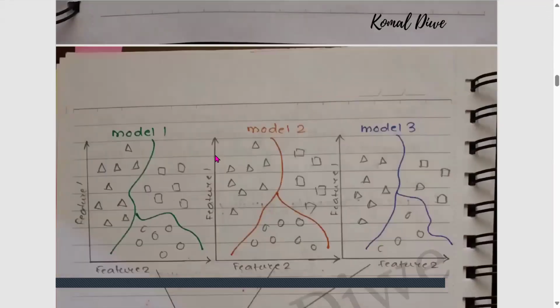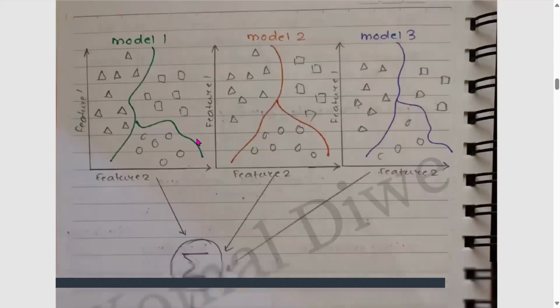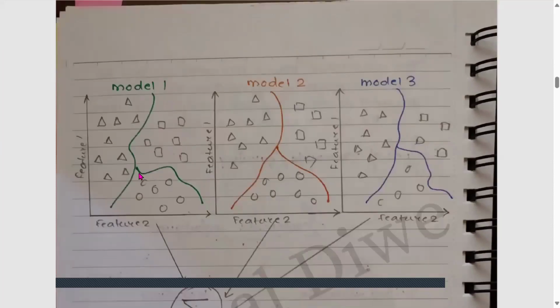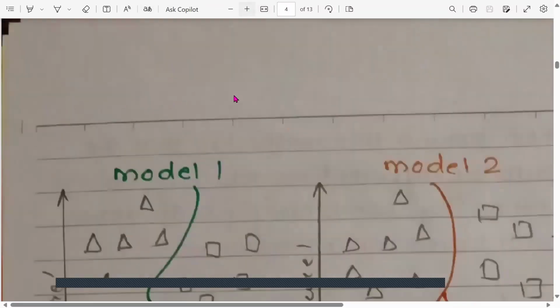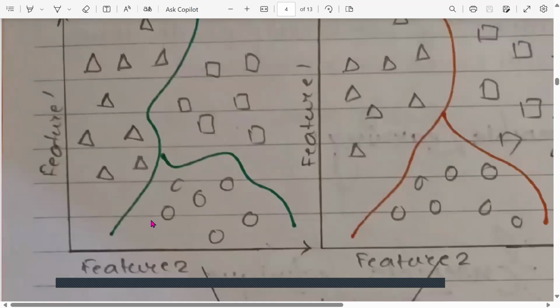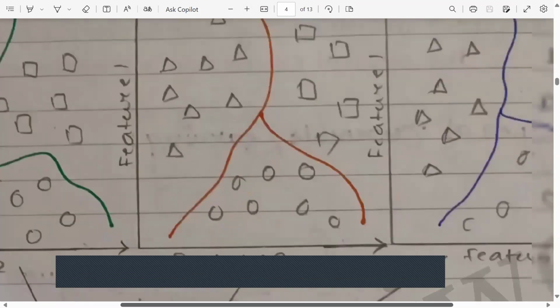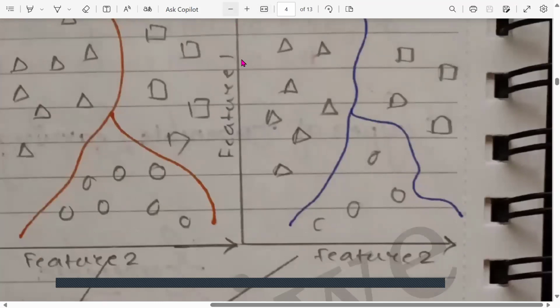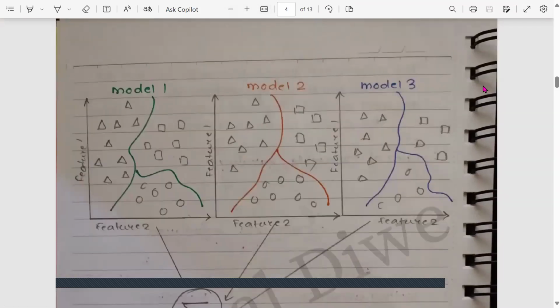Next, you have to remember this diagram. It will help you understand things. Here we have feature 1 and feature 2, and you have to remember model 1, model 2, and model 3.